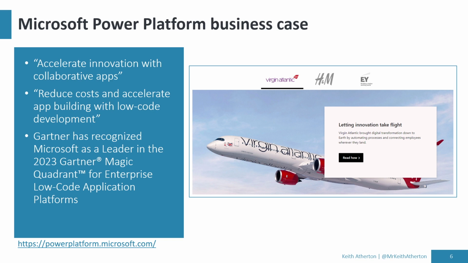You can resize things, reposition things, and make it very easy to customize and change things. And when you go on the website, you will see business cases. You can see some here with Virgin Atlantic and some other organizations about how they've used it to streamline operations or reduce costs or just make things a lot easier to perform within operations.